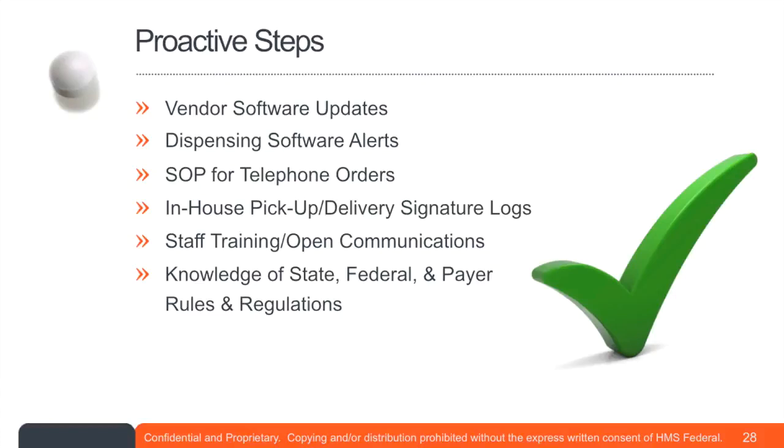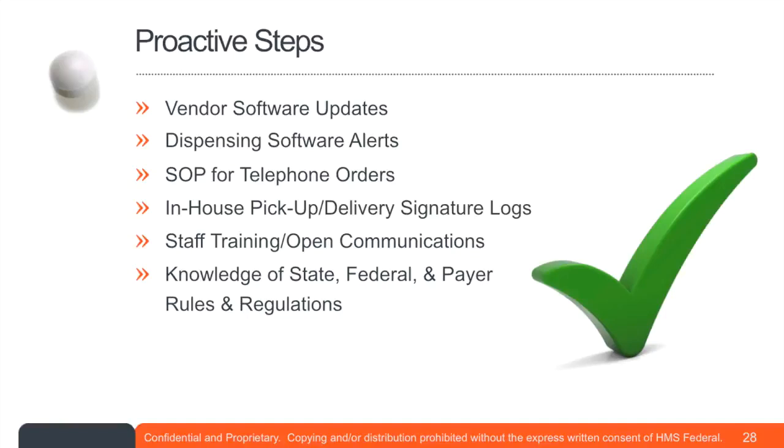Training staff on all the different key points to make sure that the pharmacy is compliant, and having that open communication so that if a staff member feels like there's some process that isn't being followed correctly, they maybe don't have a fear in communicating that.